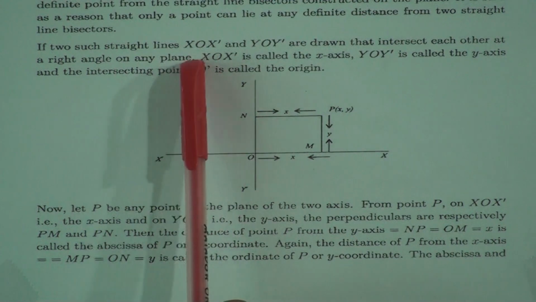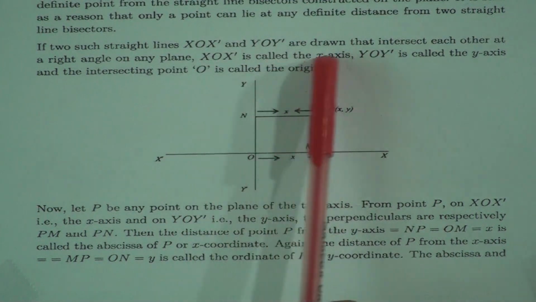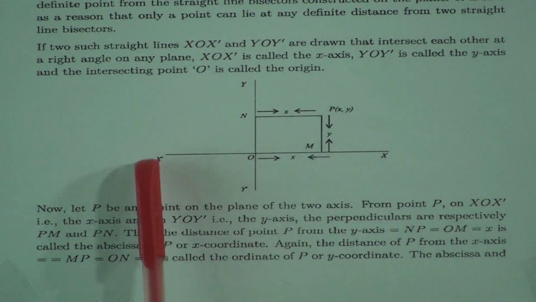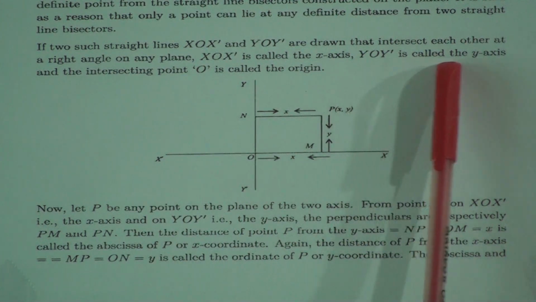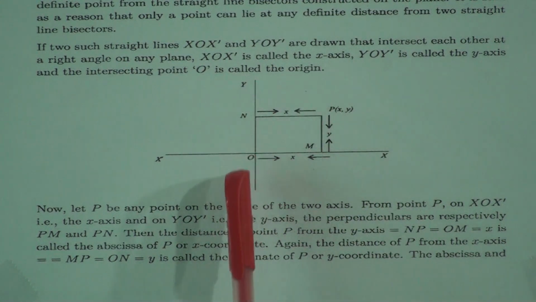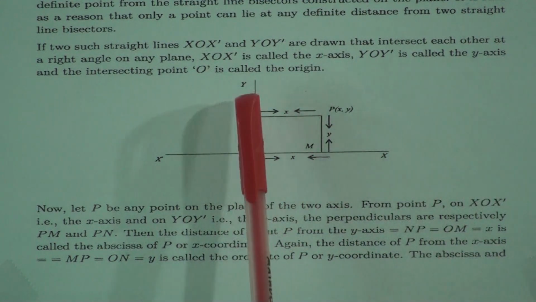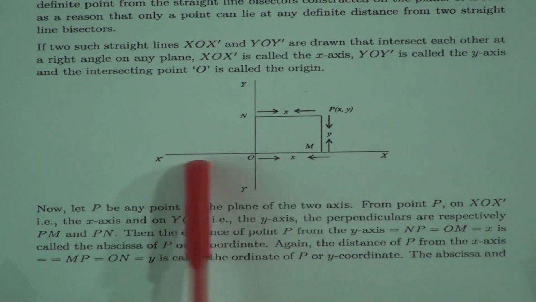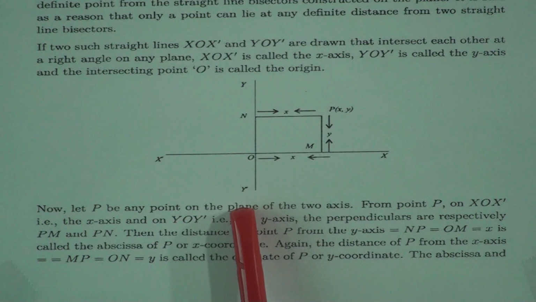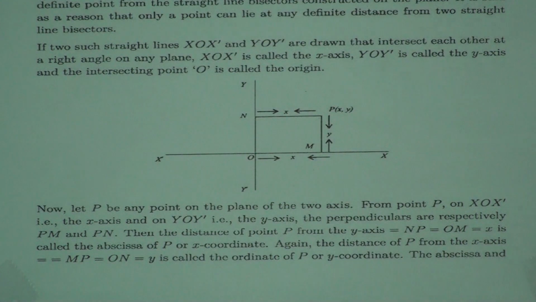Now x o x prime is called the x axis and y o y prime is called the y axis. It means this horizontal line is known as the x axis and this vertical line is known as the y axis, and these two lines intersect each other at right angle.